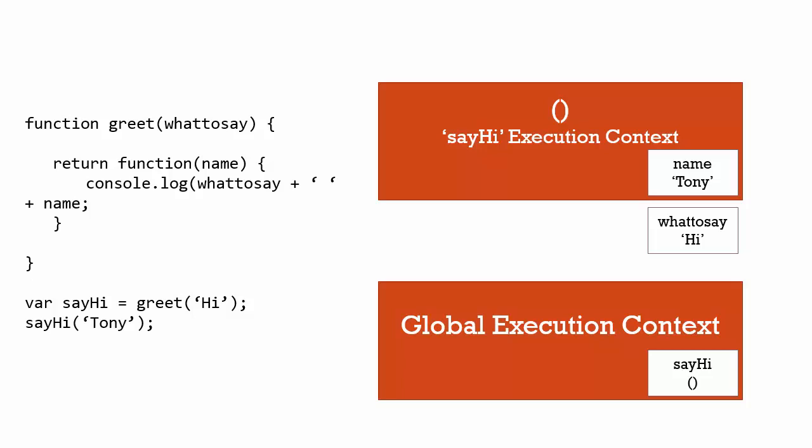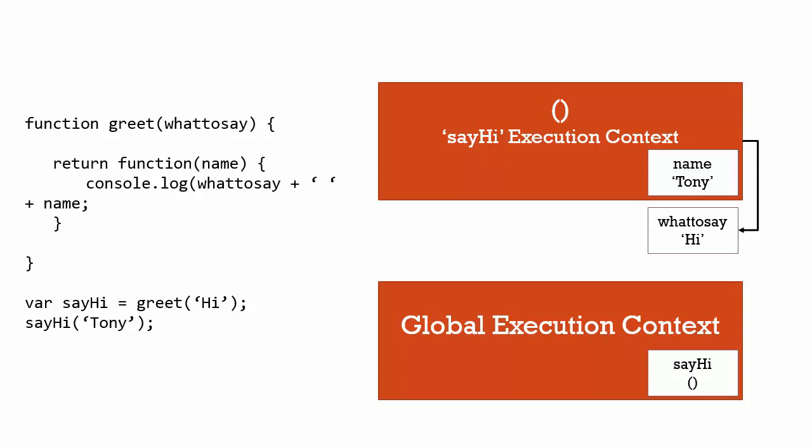And even though the execution context of that function greet is gone, was popped off the stack, the sayHi execution context, this execution context, still has a reference to the variables, to the memory space of its outer environment. In other words, even though the greet function ended, it finished, any functions created inside of it, when they are called, will still have a reference to that greet function's memory, to what was in its memory, its execution context memory space.